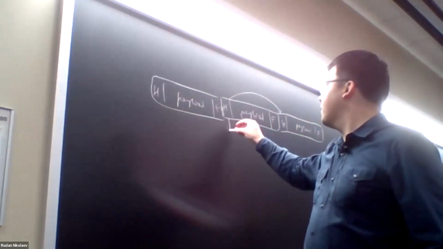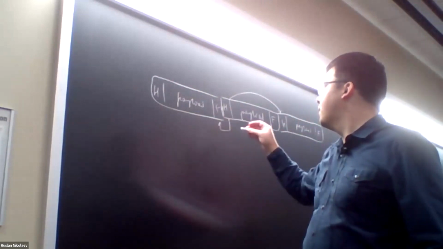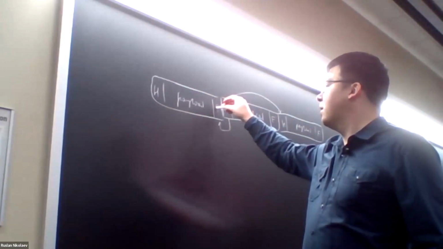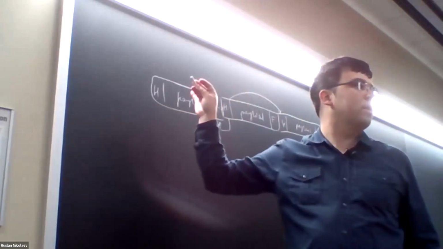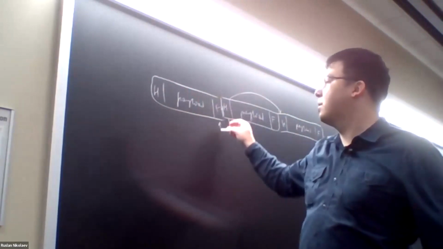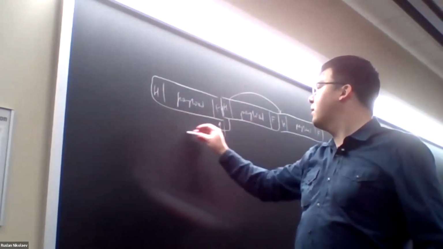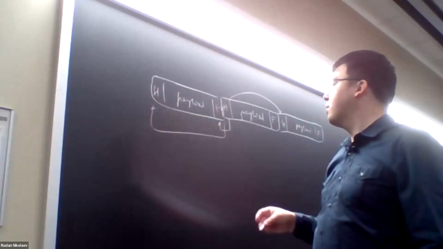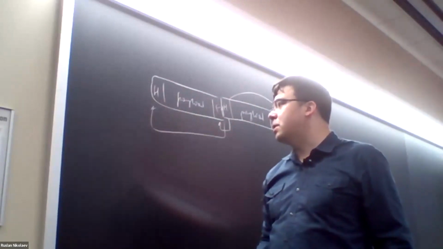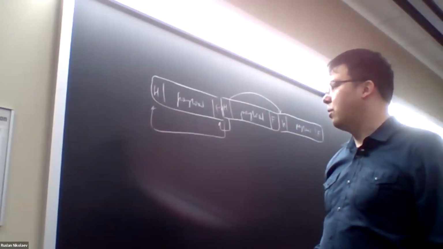Now if we go to the footer of the previous block, we can know what size this neighbor block is, and then we can coalesce with it. So we really need this footer so that we can coalesce with the left block.